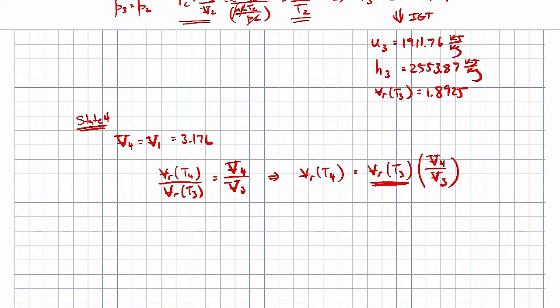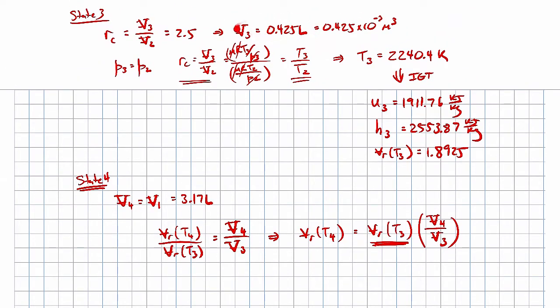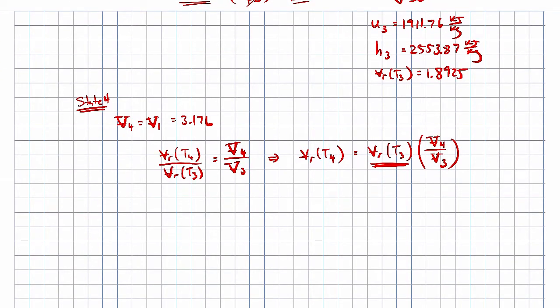V4 I just said was the same as V1, so we know that value. V3 we evaluated right up here from the cutoff ratio and the volume at 2. So we know all the information on the right hand side, so we can solve for VR at T4. When you plug in the numbers, it comes out to be 14.1157.